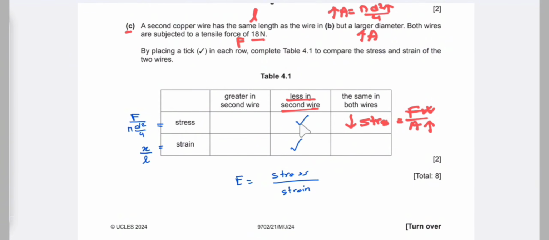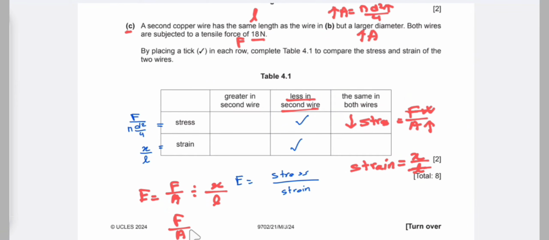That is, for the second wire, the stress is less. And what would be the strain? We know that strain is equal to extension divided by original length, and the original length is same. But no value of extension is given, so we know that Young modulus is equal to stress by strain, where stress is force per unit area and strain is extension divided by original length.